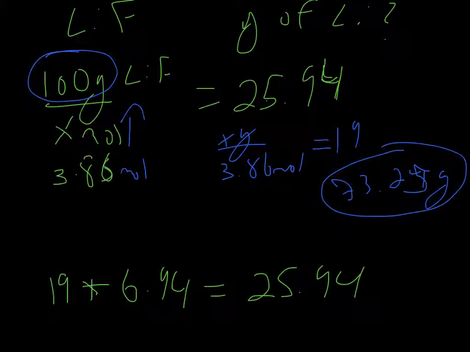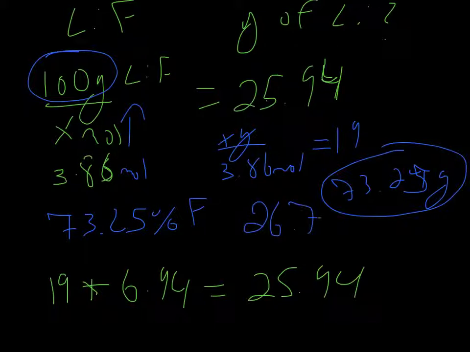we can determine how much of it is in there, and the way you would conclude this is you would say lithium fluoride is 73.25% fluorine by mass, and do 100 minus the answer, you get that it is 26.75% lithium by mass.